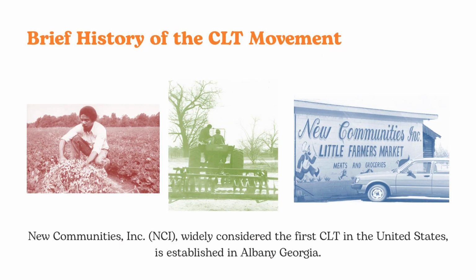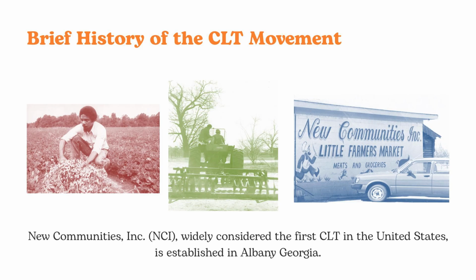Their response was Students Nonviolent Coordinating Committee, or SNCC, a very well-known civil rights activism group, and the Albany movement in Georgia, so in the Deep South, worked with Black farmers and sharecroppers to secure land ownership, again, in response to this sort of retaliation and persecution for wanting to challenge segregation.